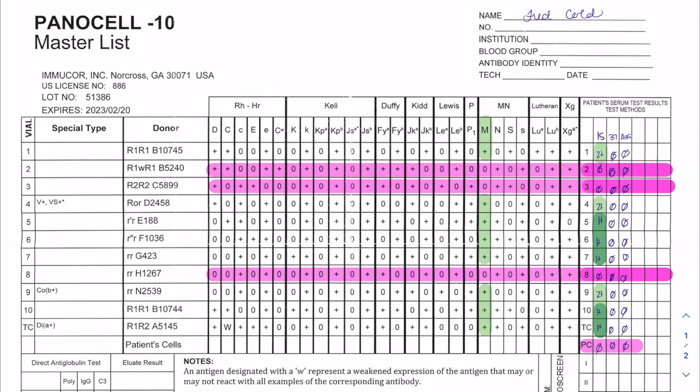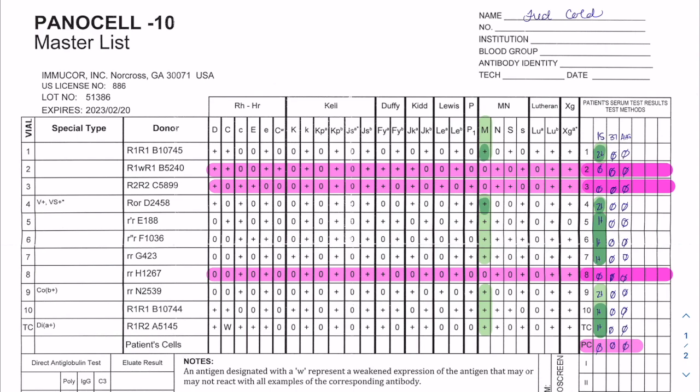Well, remember, M and N are antithetical, and they're very good at showing dosage. So we can see this cell right here is homozygous for M, so we have that 2+ reaction over here. Here's another homozygous for M, 2+ reaction.